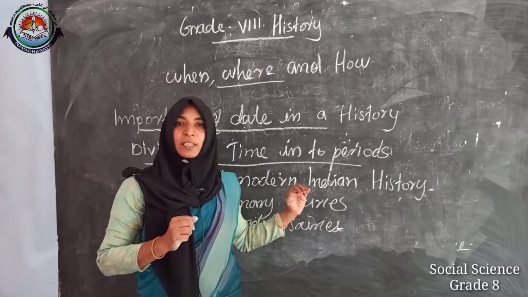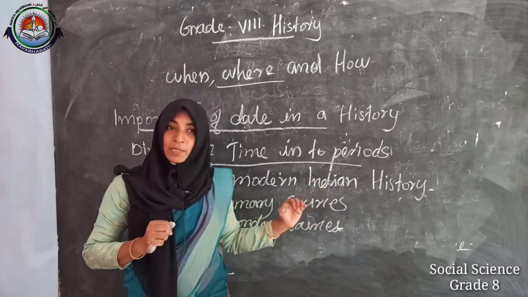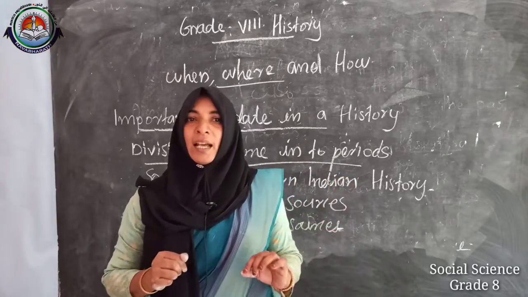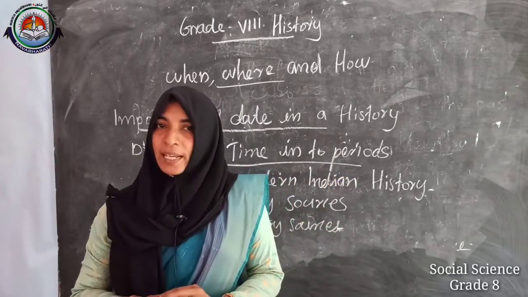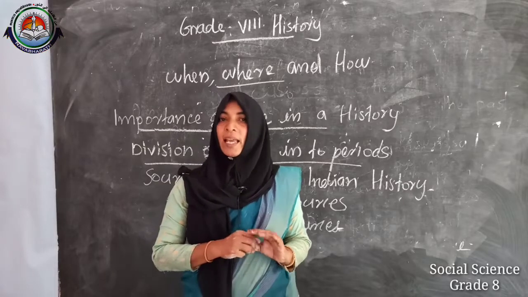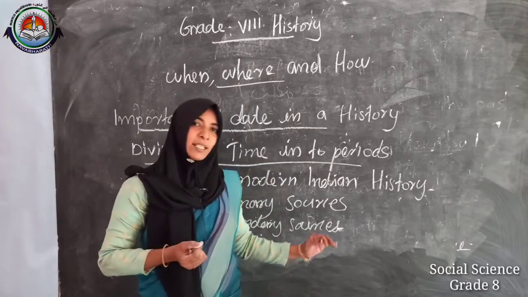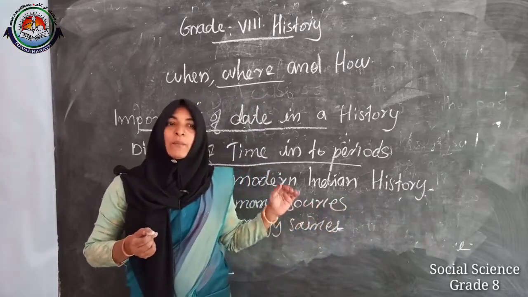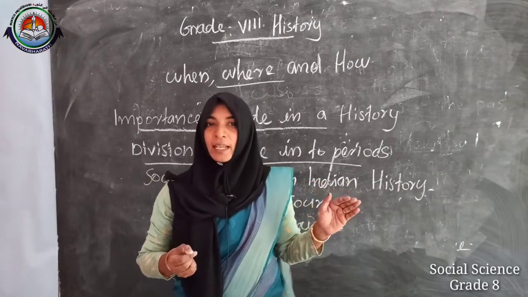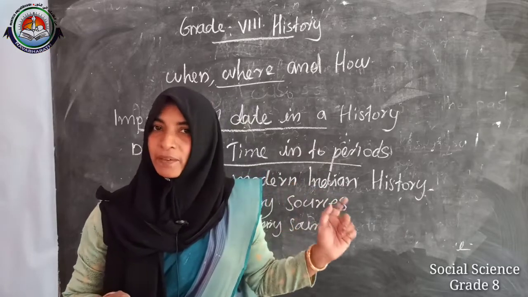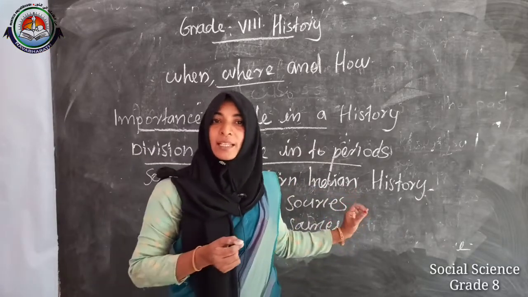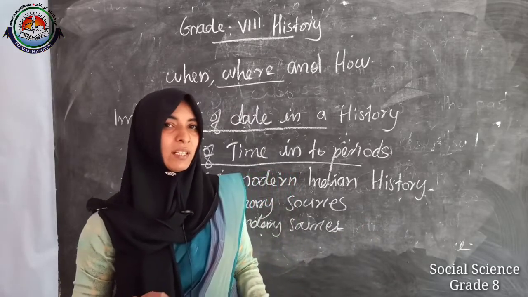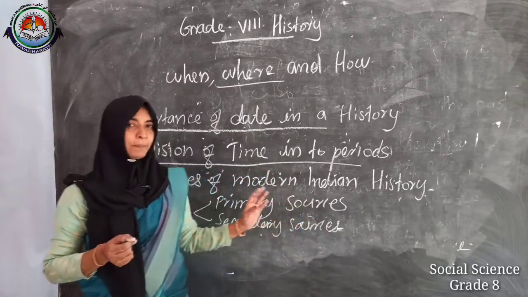After the 12th century, when the Muslim emperors established their power here and used the Persian language, that period is known as the Muslim period. After the subjugation of our country by the Britishers, when they established their power here, that period onwards is known as the British period. That is the division made by James Mill.